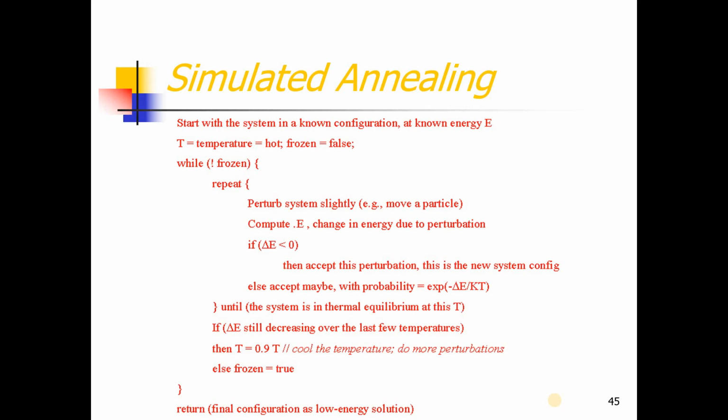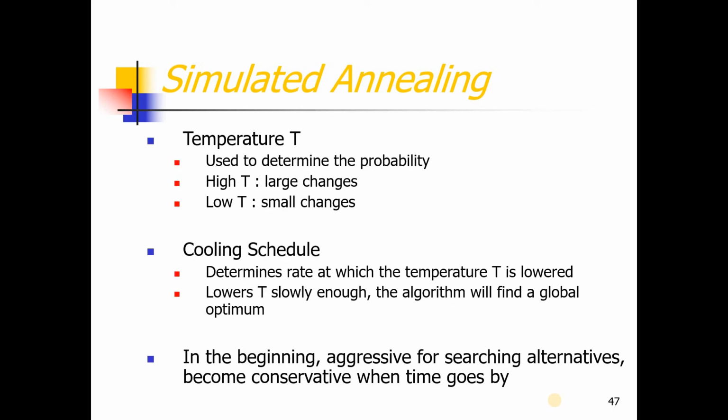Leave these algorithms, we are not interested in these algorithms. Leave this temperature and cooling schedule, but here it is important that in the beginning, at the start of this annealing process, you take bigger steps, as I showed previously, you are more aggressive so that you search better alternatives.